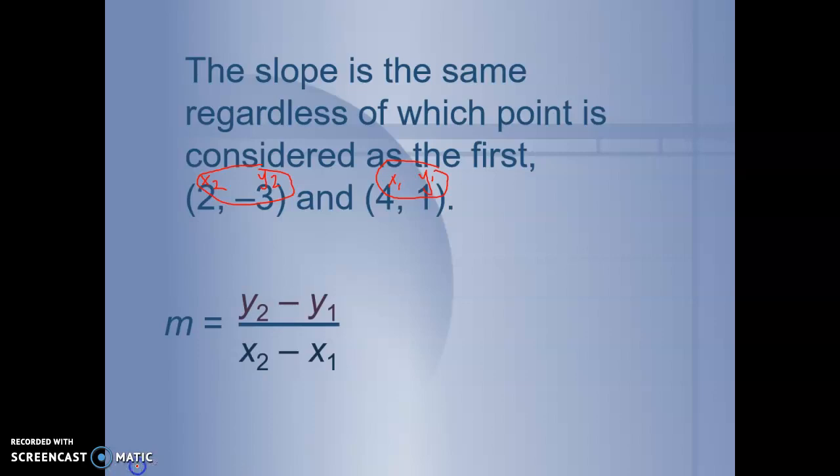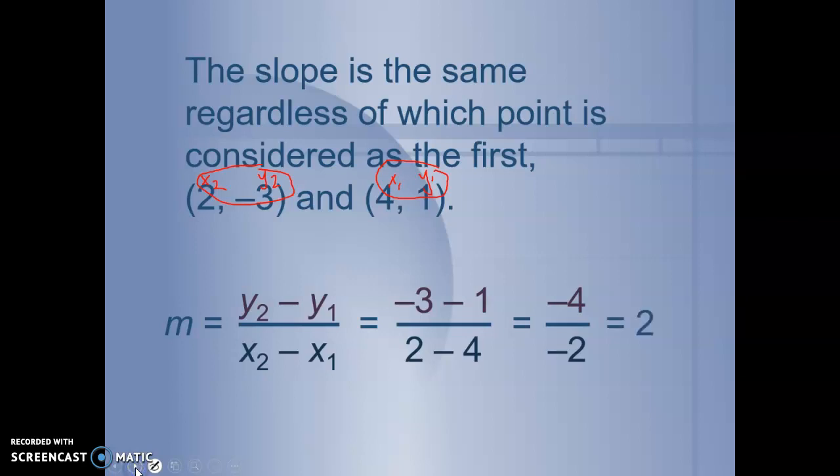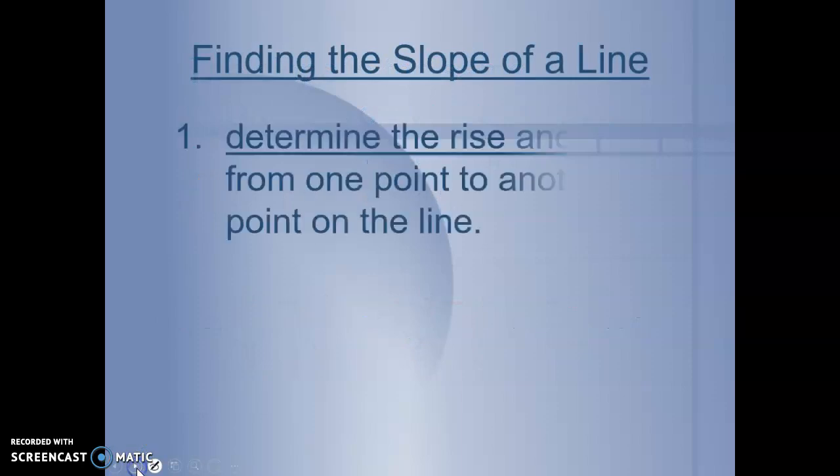Here's the same problem worked out, but with the x's and the y's swapped as to which one's first. So -3 minus 1 over 2 minus 4, we get -4 over -2, which is just 2. So it really doesn't matter which one you label as 1 and 2, as long as your x1 and y1 are in the same set of parentheses.